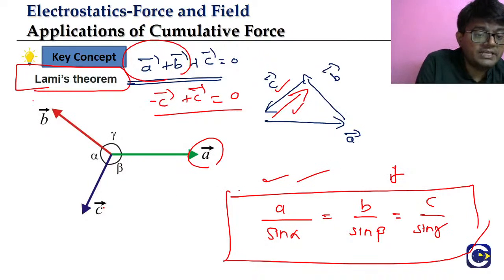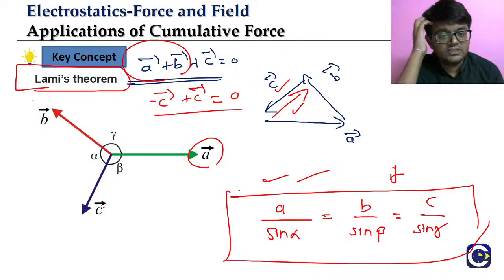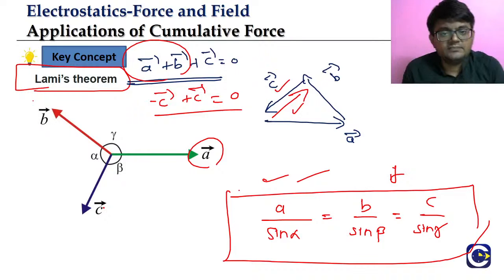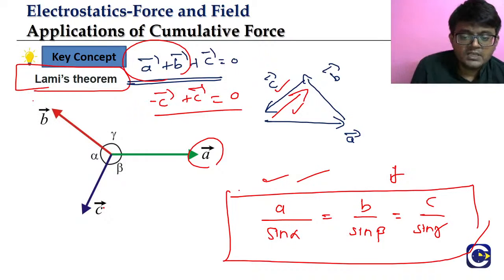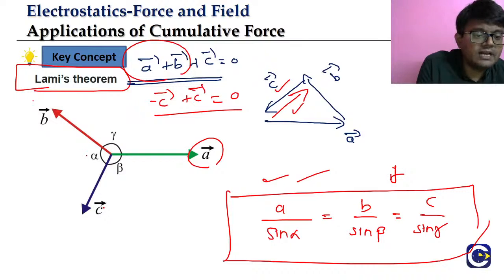If you have three vectors which are represented like that, co-initial, the angle opposite to a bar is alpha, the angle opposite to b bar is beta, and the angle opposite to c bar is gamma.